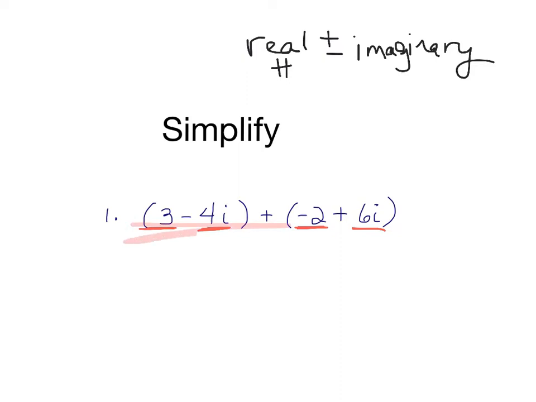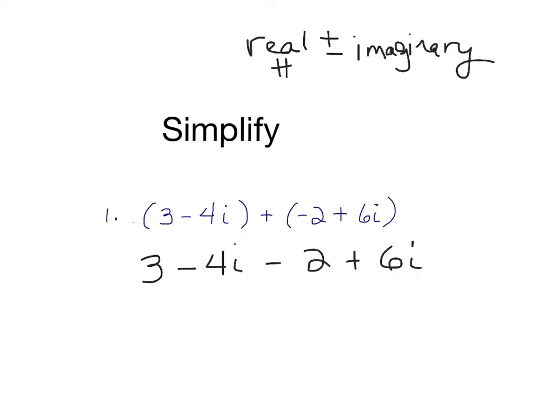Now, in order to add complex numbers, you can think of it like combining like terms. I'm going to add the two real numbers together, and then combine the two imaginary numbers. I'm going to rewrite my problem, take away the parentheses, and highlight my like terms.